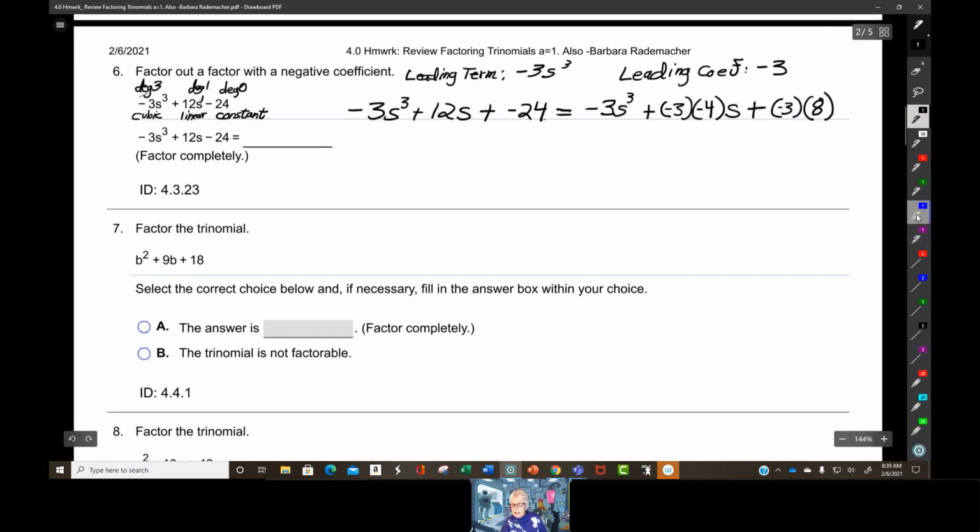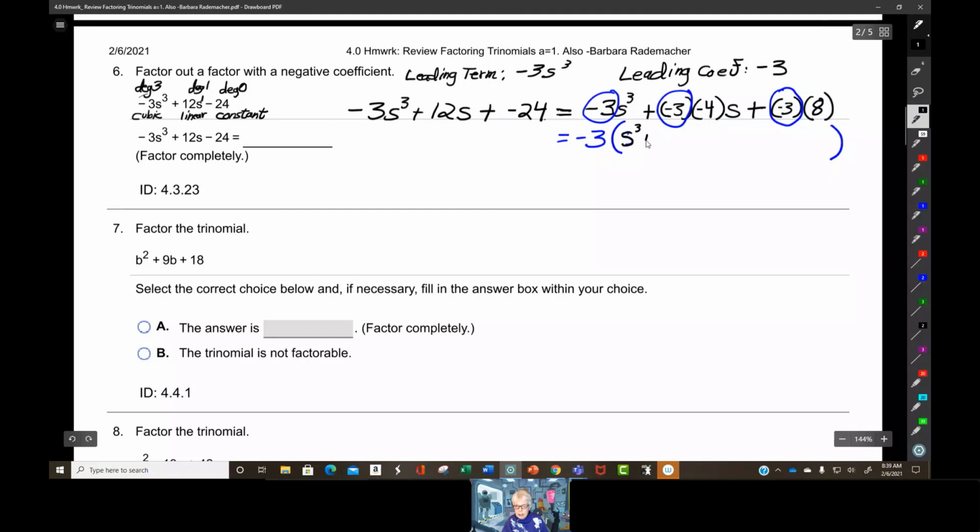Now I see that there is a -3 in all three terms. I pull that out to the front. And then I write the leftovers in each term. I have s to the third. Well, try to stay consistent.